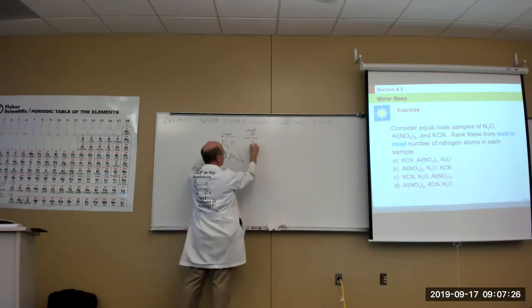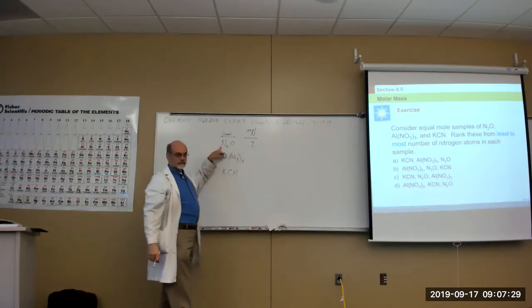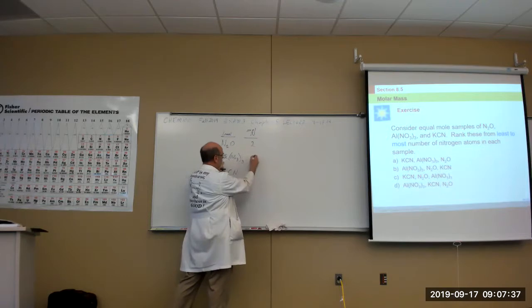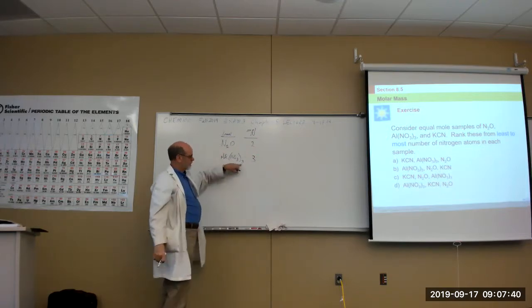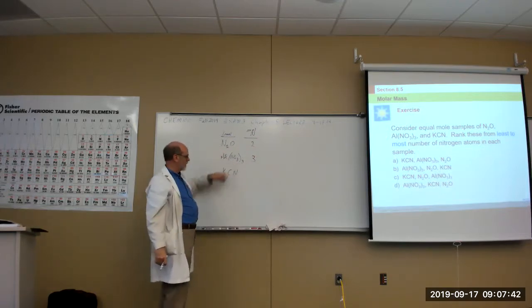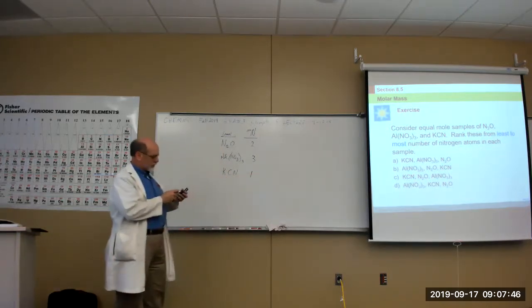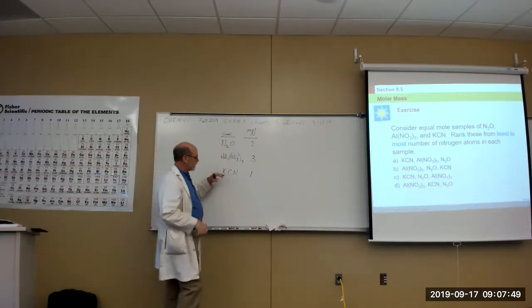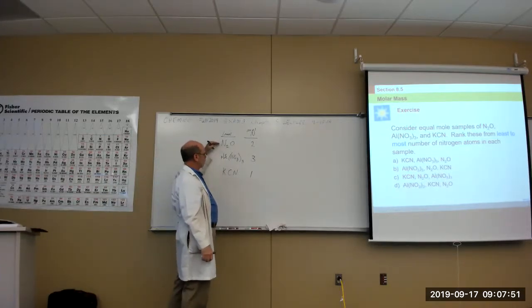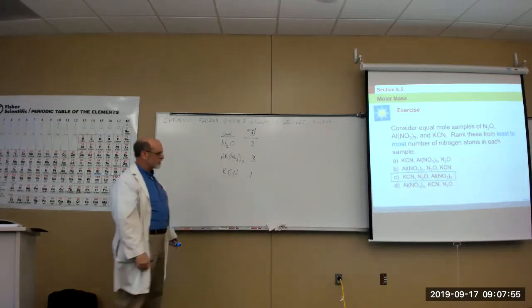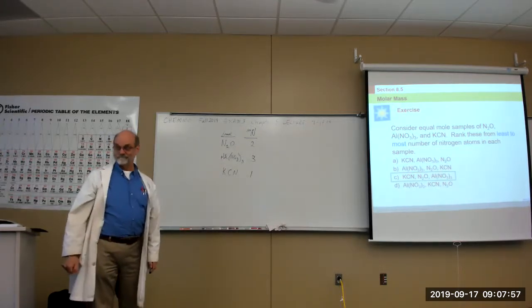For this one, you have 2 moles of nitrogen, don't you? For every 1 mole of that molecule, you have 2 moles of nitrogen. For every 1 mole of this one, you have 3 moles of nitrogen, right? 3 times 1. And for every 1 mole of this one, you have 1 mole. So the least to most would be potassium cyanide, dinitrogen monoxide, and aluminum nitrate in that order. Least to most. Okay?